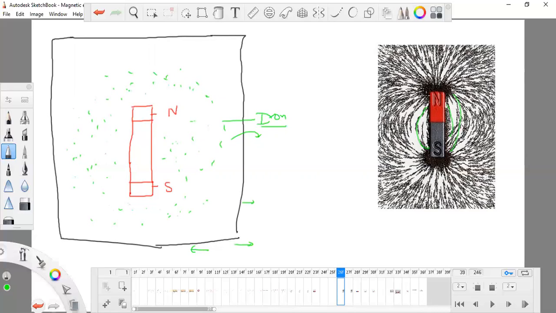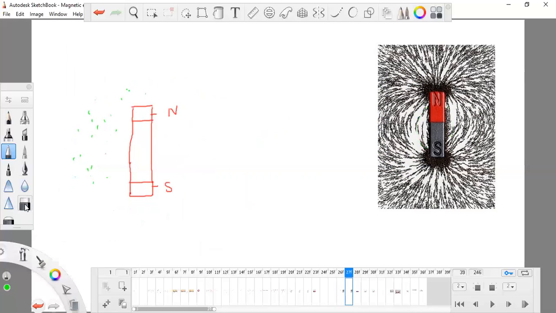You can see the black diagram, they are iron flakes. So they get arranged in such a manner by their own.